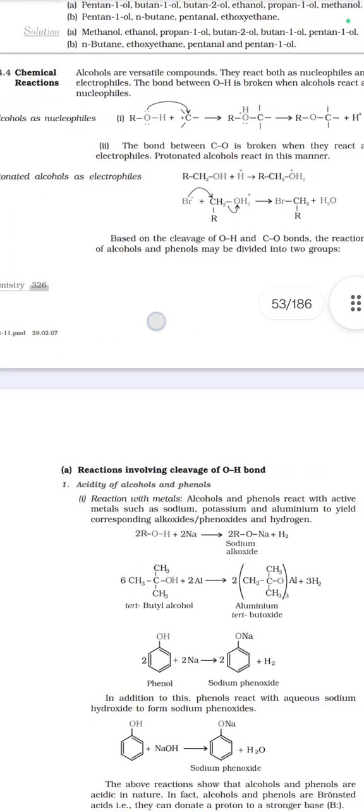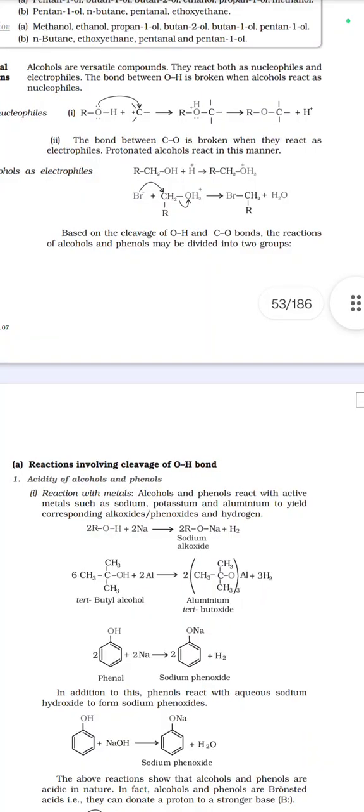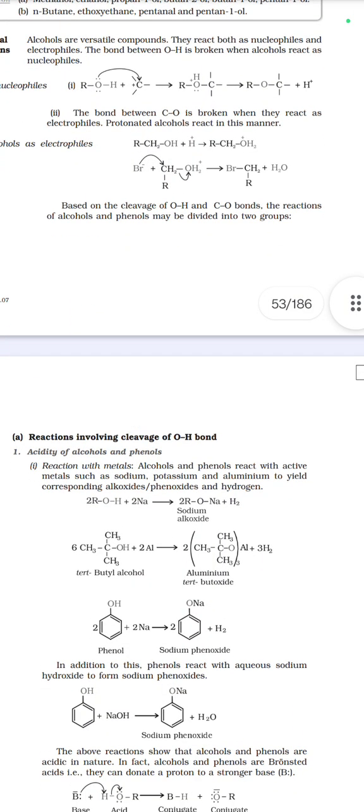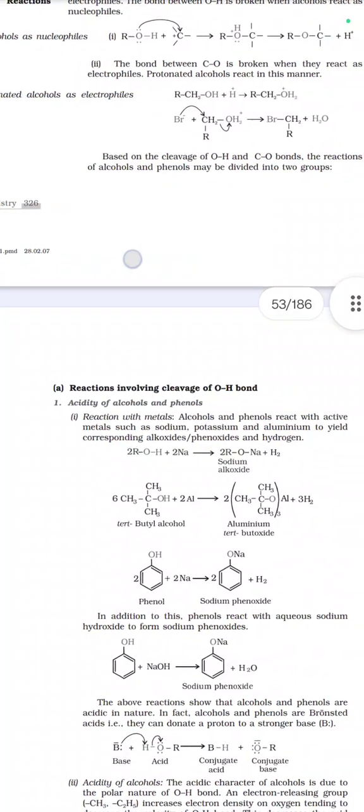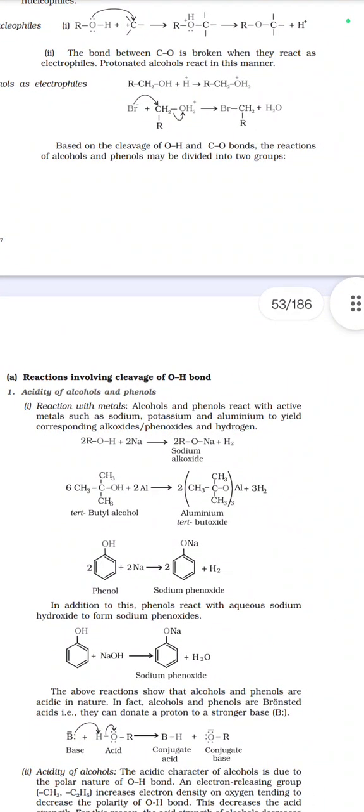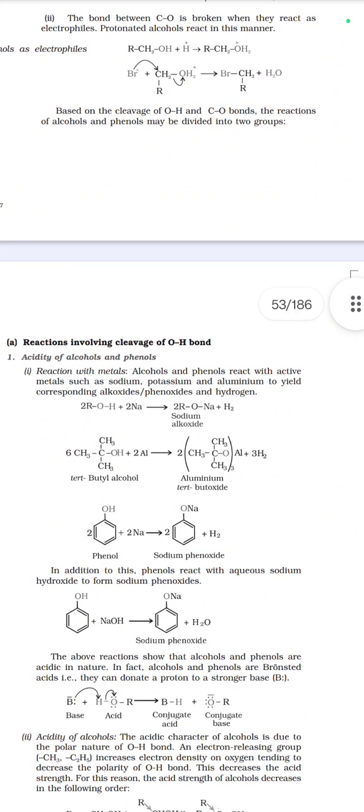Alcohol as a nucleophile. Here are the steps. Second, the bond between C and O is broken when they act as an electrophile. Protonated alcohols react in this manner. Protonated alcohol as electrophile. Here is the mechanism. Based on the cleavage of O-H and C-O bond, the reactions of alcohols and phenols may be divided into two groups.